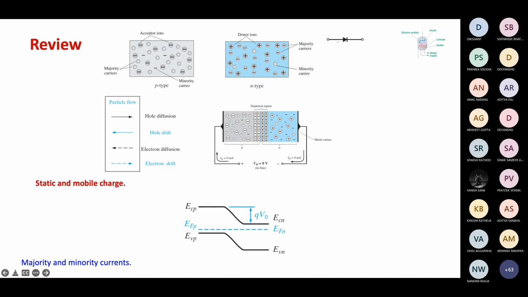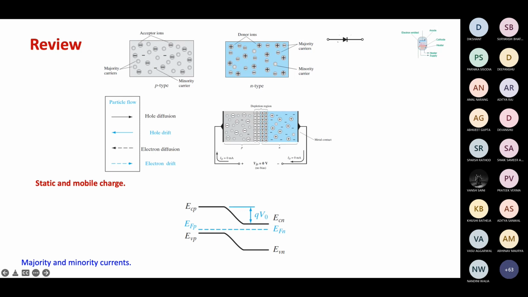So if we take the case of n-type material, let's say only this side, the distance between the Fermi level EFN and ECN will govern the number of electrons, the majority carriers. Closer they are, the more are the majority carriers.